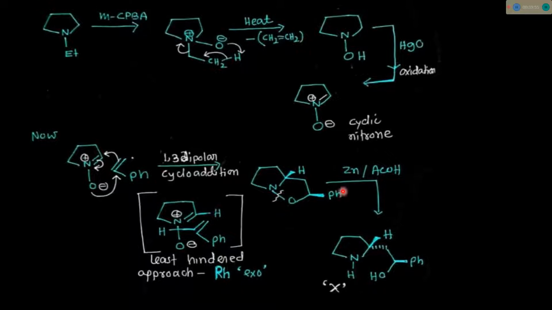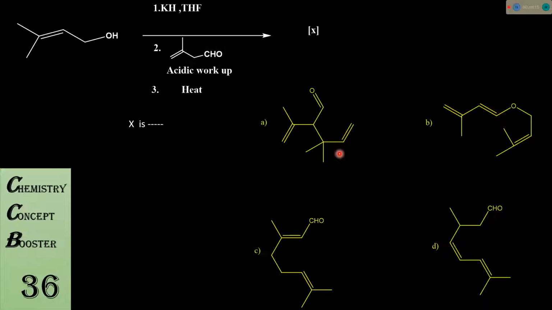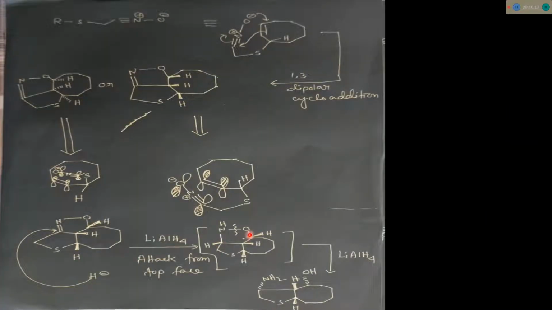In this case, lithium aluminum hydride could also be used for this bond breaking, but since a phenyl ring is there, that may create some problem. But if they use zinc and acetic acid in this reaction, then only the N-O bond breaking will be done, not the attacking of this imine bond.